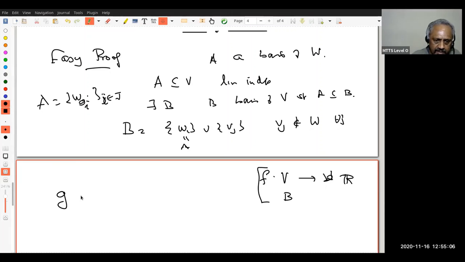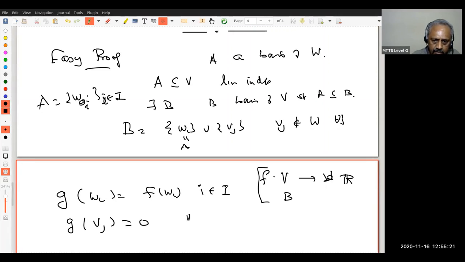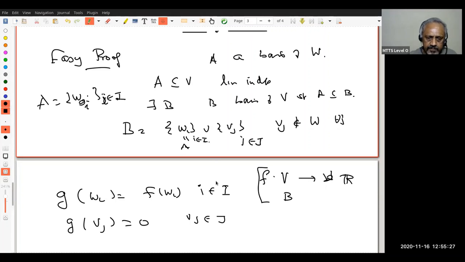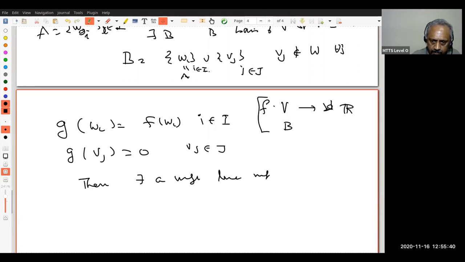Let me define G of w_i to be F of w_i for i in the indexing set I, and G of v_j equal to 0 for every j in J. Then there is a unique linear map G from V to R, so that G of w_i is F of w_i, G of v_j is 0, and this G extends F.